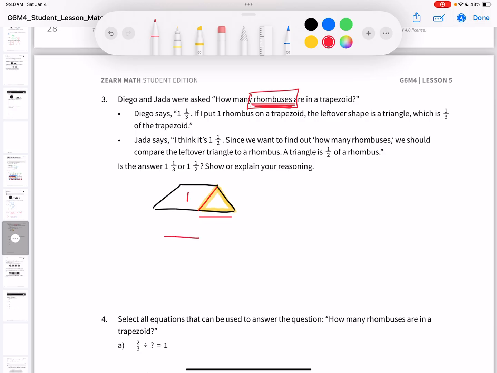Well, if this is a rhombus, a triangle is 1/2 of a rhombus because 2 triangles make up 1 rhombus. So if the rhombus is whole, if that's 1, then a triangle is now worth 1/2, not 1/3. So this is actually a half of a rhombus. So the correct answer is Jada's.